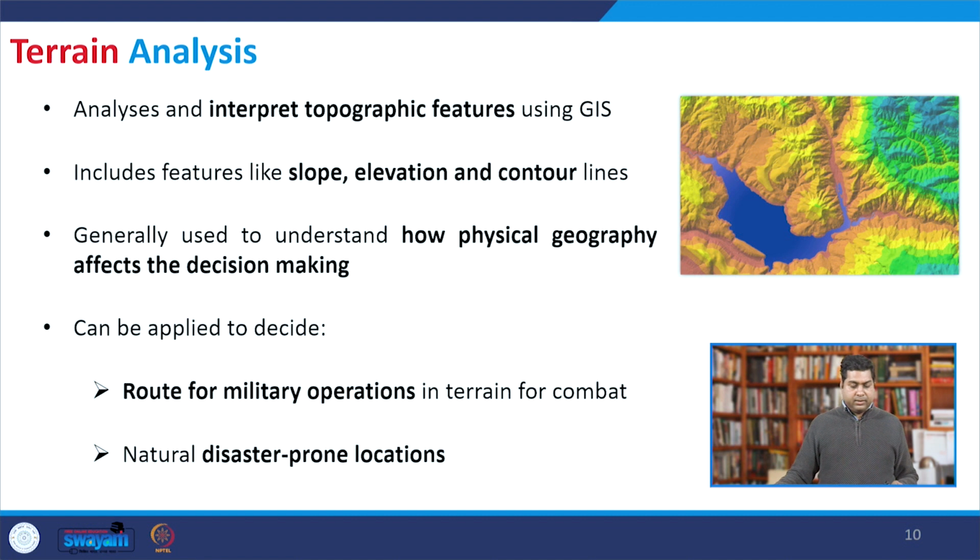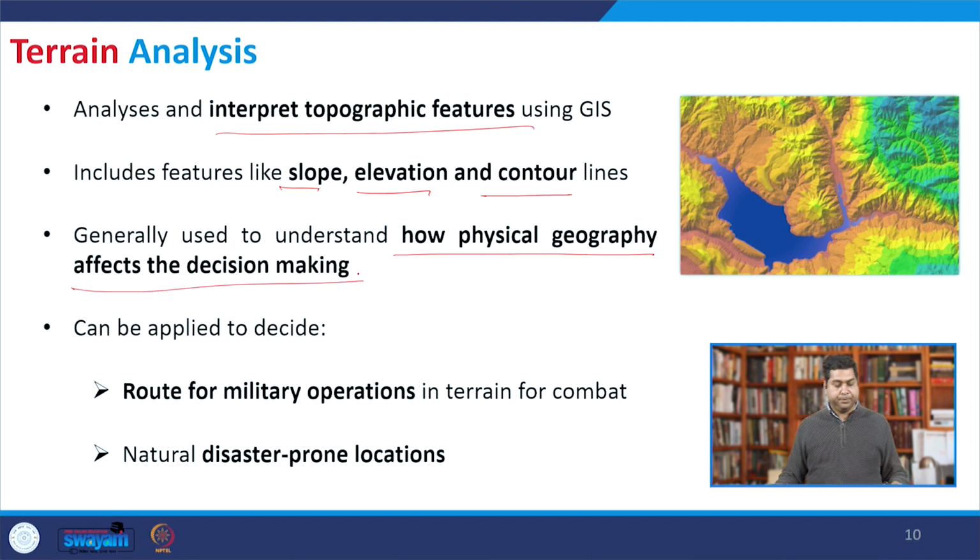Terrain analysis actually analyzes and interprets the topographic features using GIS. It includes features like slope, elevation and contour lines, generally used to understand how physical geography affects decision making.